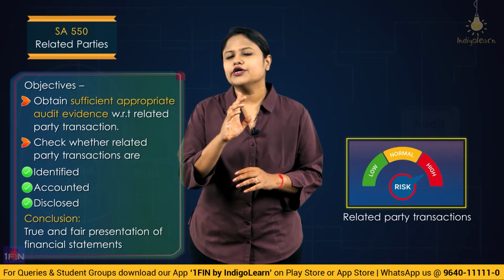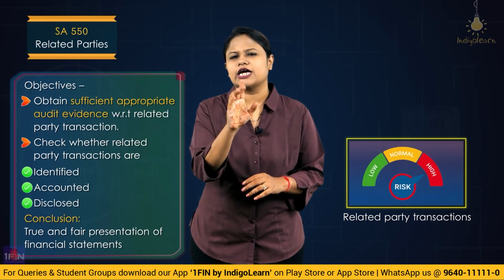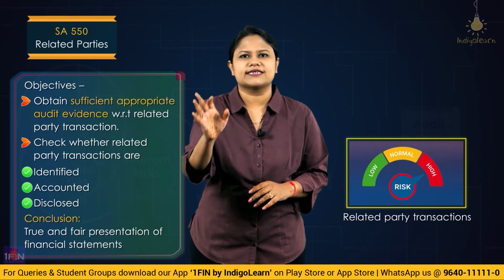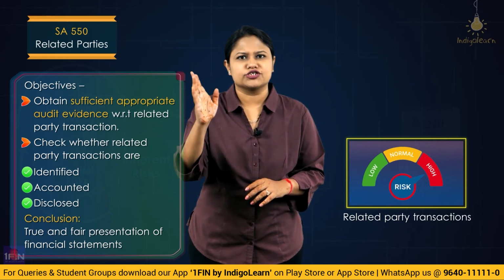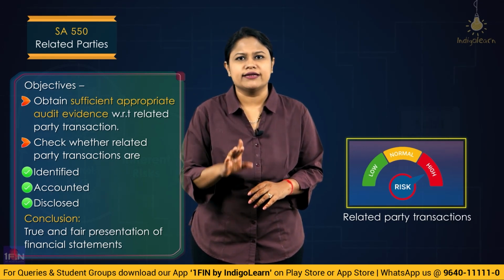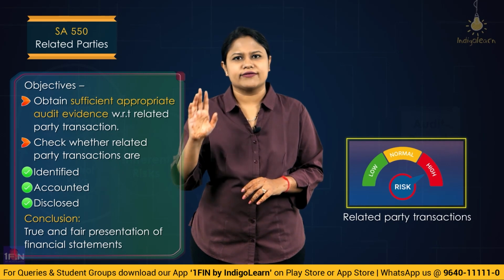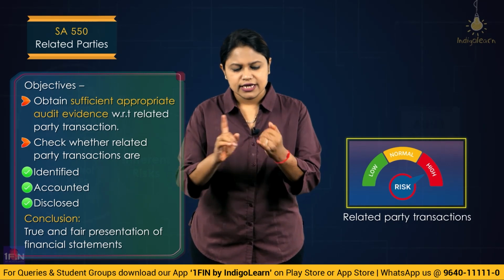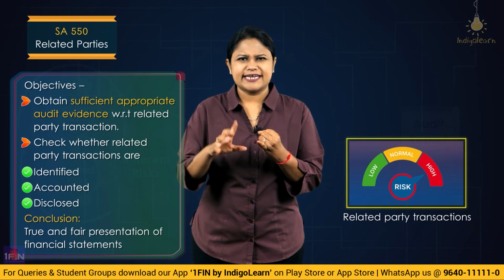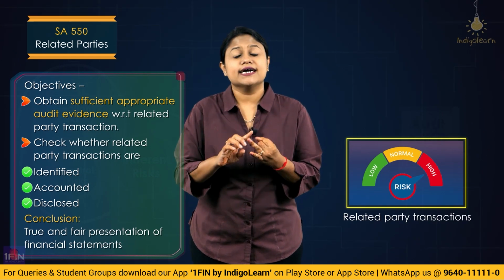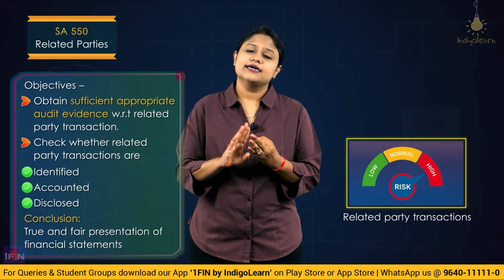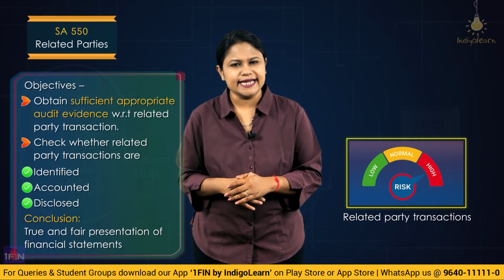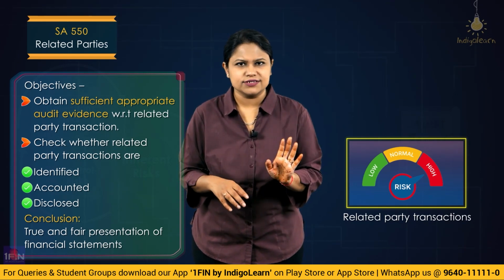Second, if a financial reporting framework discloses clearly that these are related party transactions and related party relationships, then the auditor should obtain sufficient appropriate audit evidence that those required by the financial reporting framework have been identified, recognized, accounted for, and then disclosed as required. Correct? So, two simple objectives.